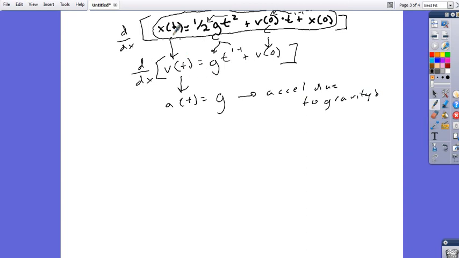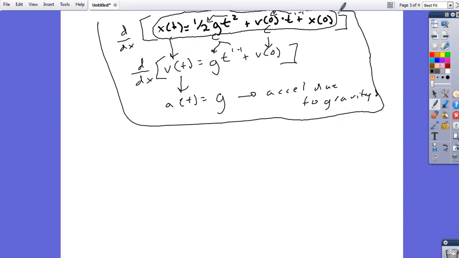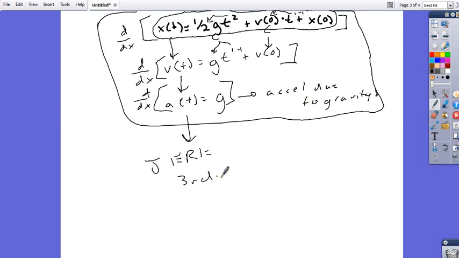It's not always going to look like this, and this is probably the last time you'll see all this. I just proved the point. And of course, if we take the derivative of the acceleration function, you get a jerk, which is the third derivative.